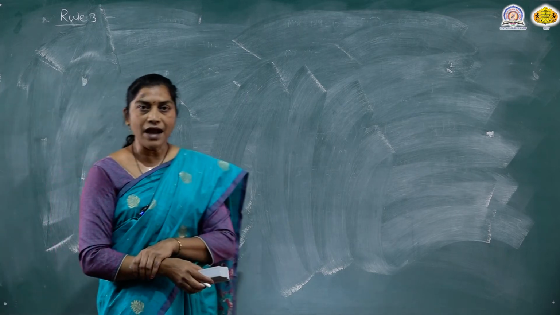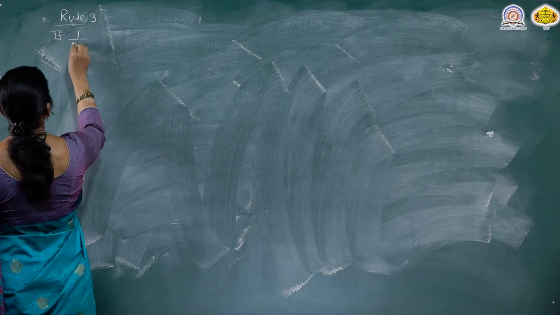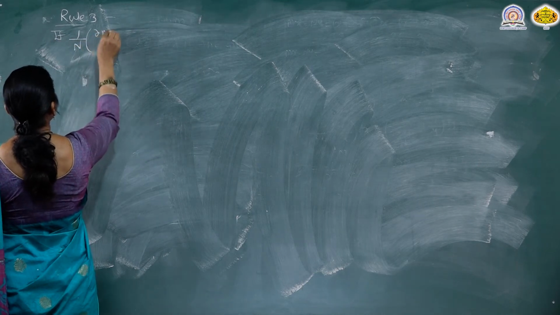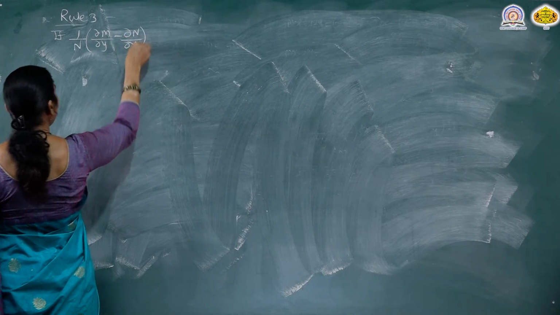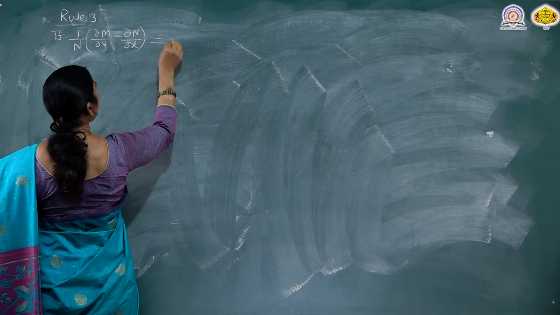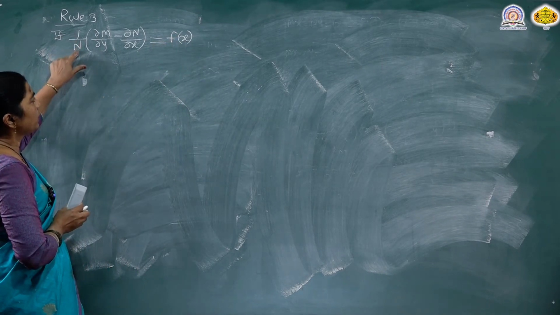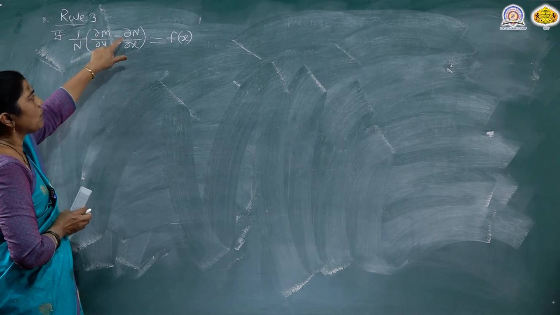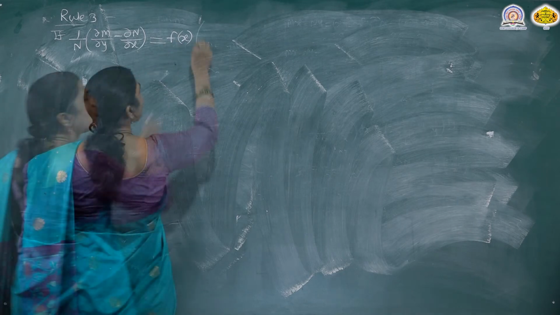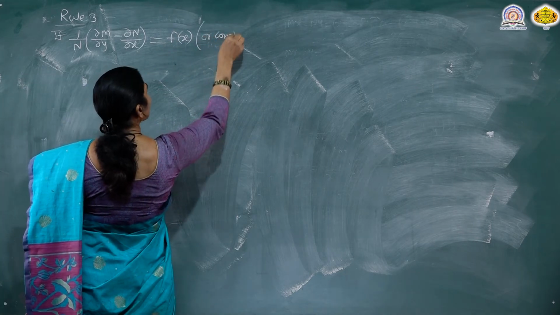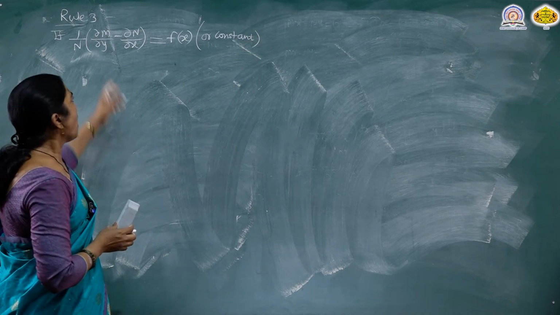Rule 3 states that if 1 upon N (∂M/∂y − ∂N/∂x) is a function of x alone, say f(x), it may be constant, because every constant can be expressed as a function of x also.